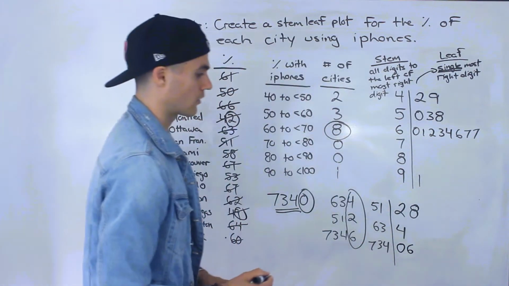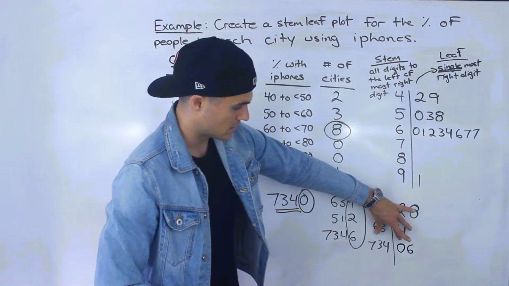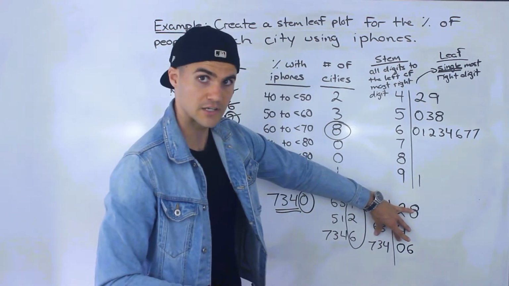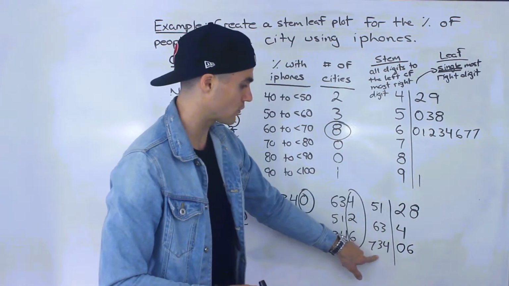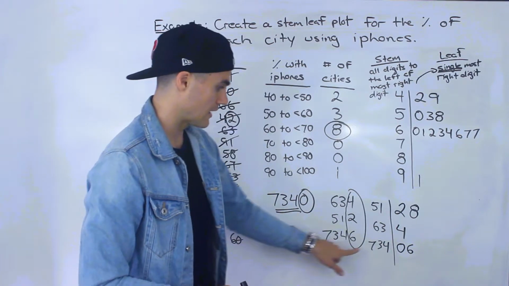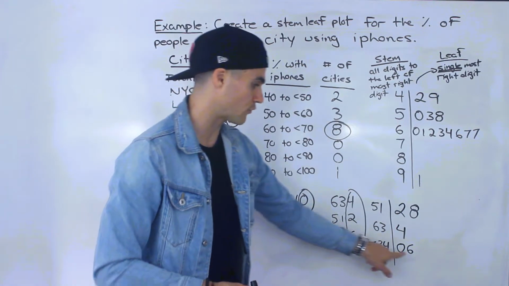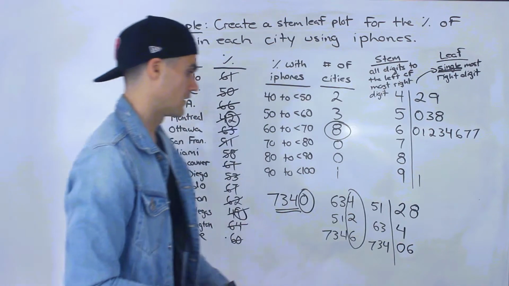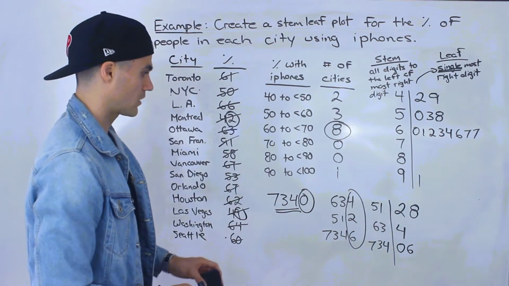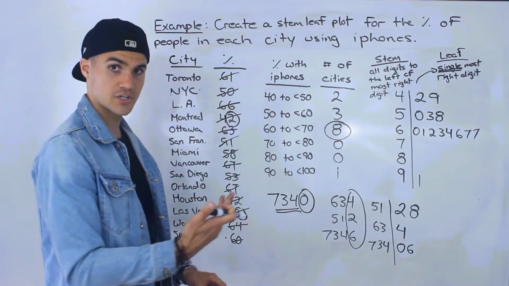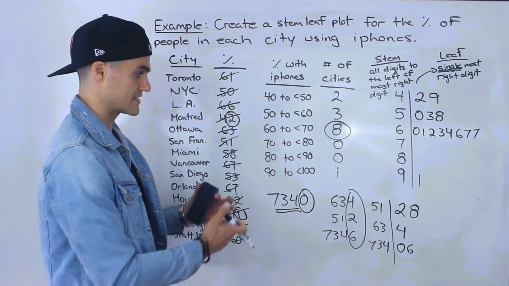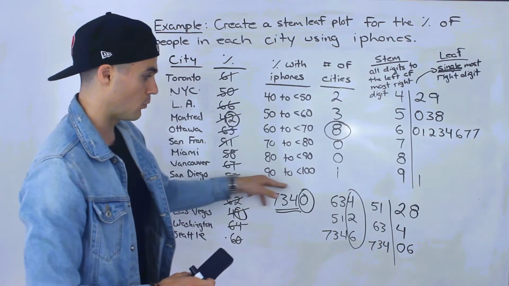Remember, this has to be in order. So looking at this, you could tell there are 2 observations starting with 734, 7,340, then 7,346.